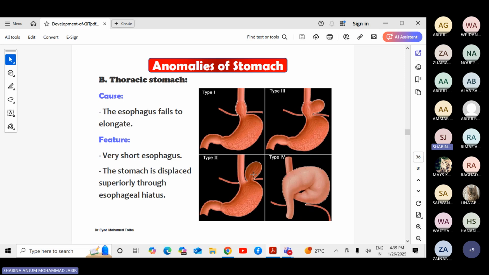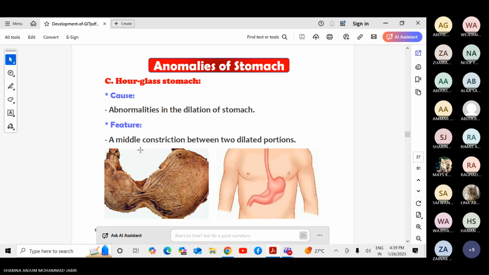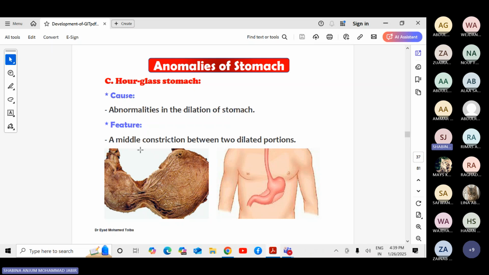Like this, there are many types. This is also an abnormality in which the stomach, or foregut tube, will not develop in a fusiform shape. In between the two dilatations, there will be a middle constriction, which is called hourglass stomach.